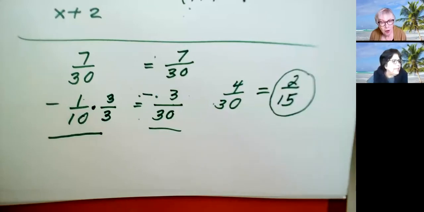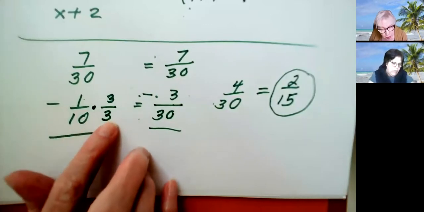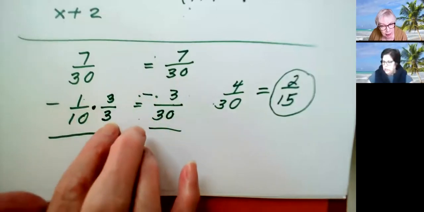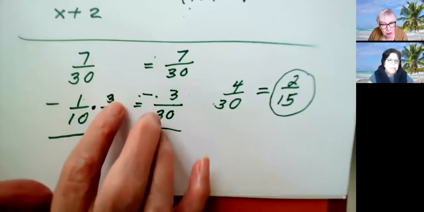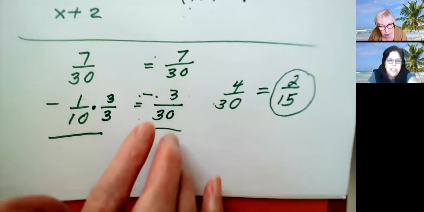Well, you have to have an overriding thing. In this particular problem, the denominators didn't match, so you got the 30 to be the match. The 7 over 30 was already done, so you just copied it. But the 10, you needed to multiply by 3. It doesn't hurt to write this little piece so that it's 3 over 3. You have to be fair and multiply both of them by 3, top and bottom.